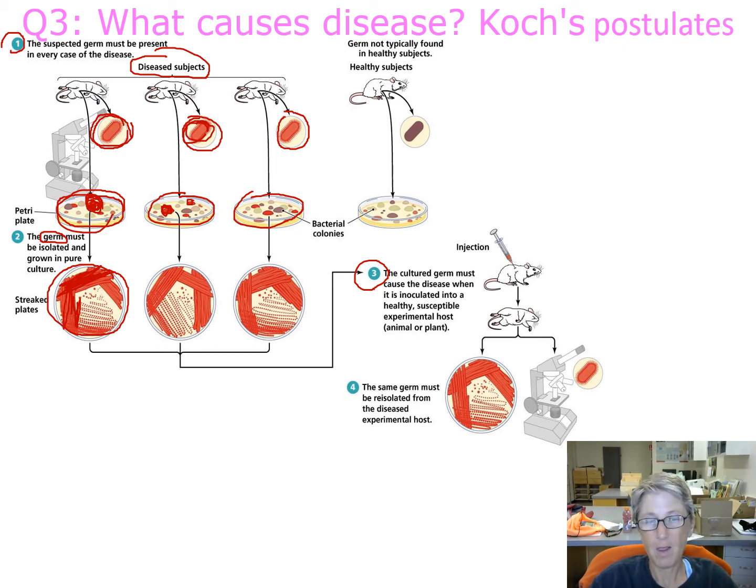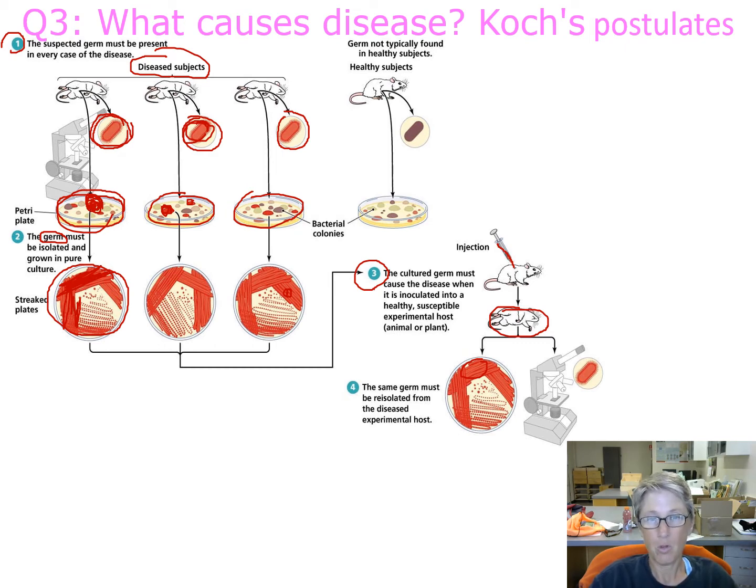So then they could take this microbe, put it in a syringe, inject this rat would get sick, and then they could re-isolate that same microbe and grow it on a pure culture.